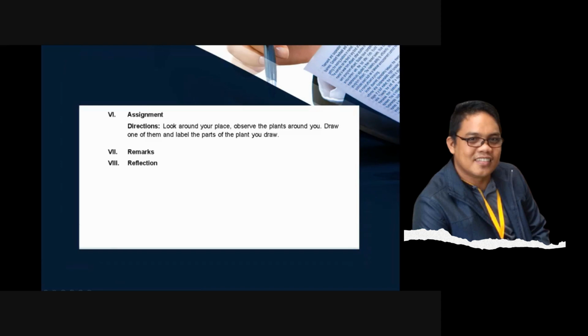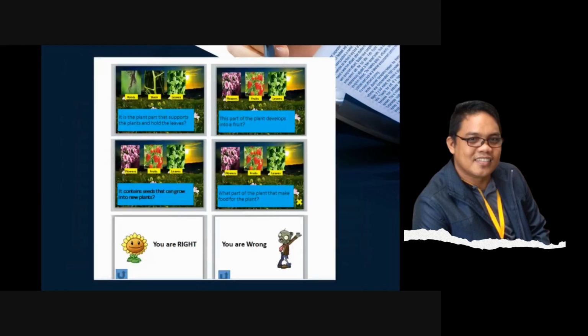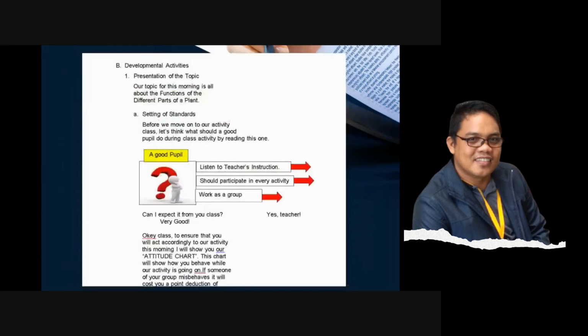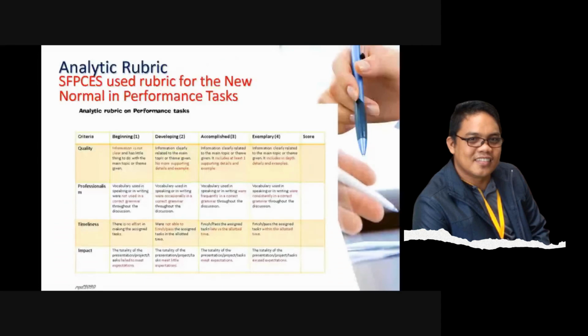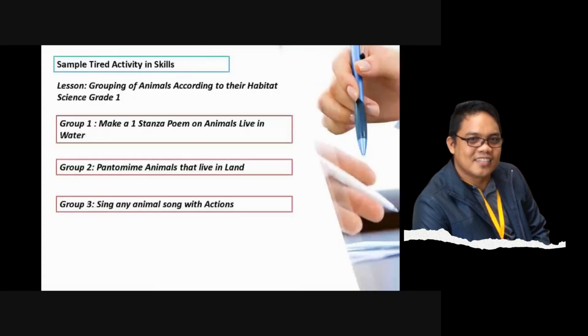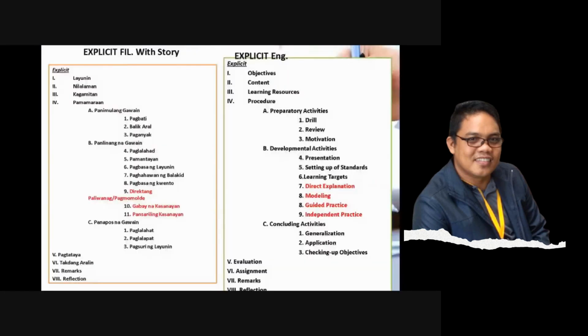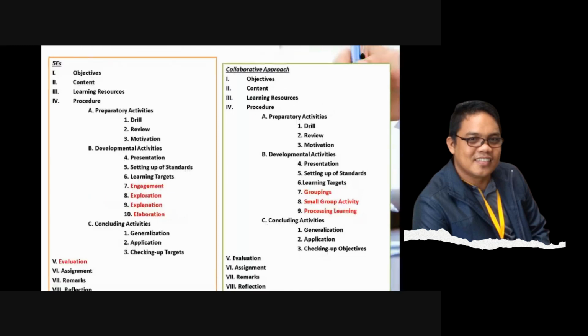Ito po yung kabuuan ng ating lesson plan. Let's go back para ma-finalize. So, ito po. Okay? So, ito po, Roman numeral 1, objectives, 2, content, 3, learning resources, 4, procedures.